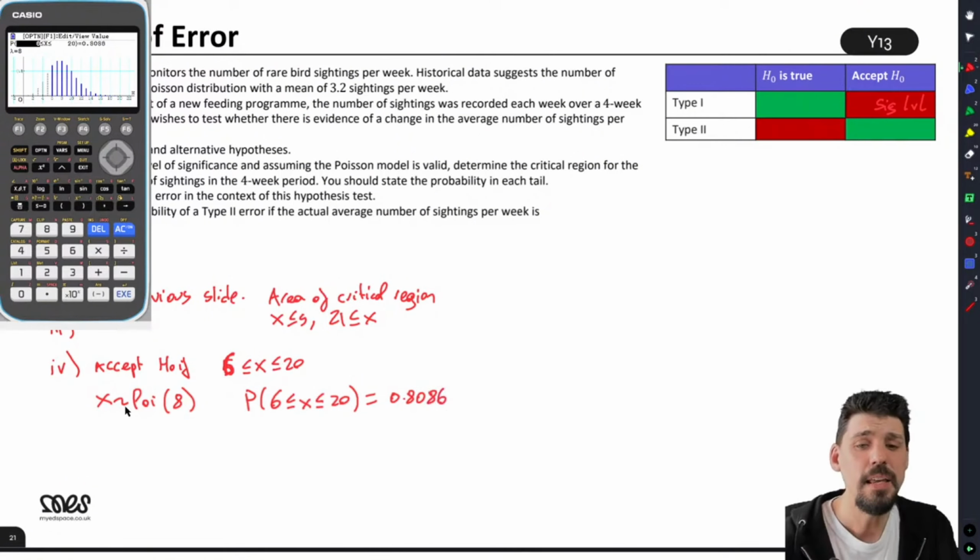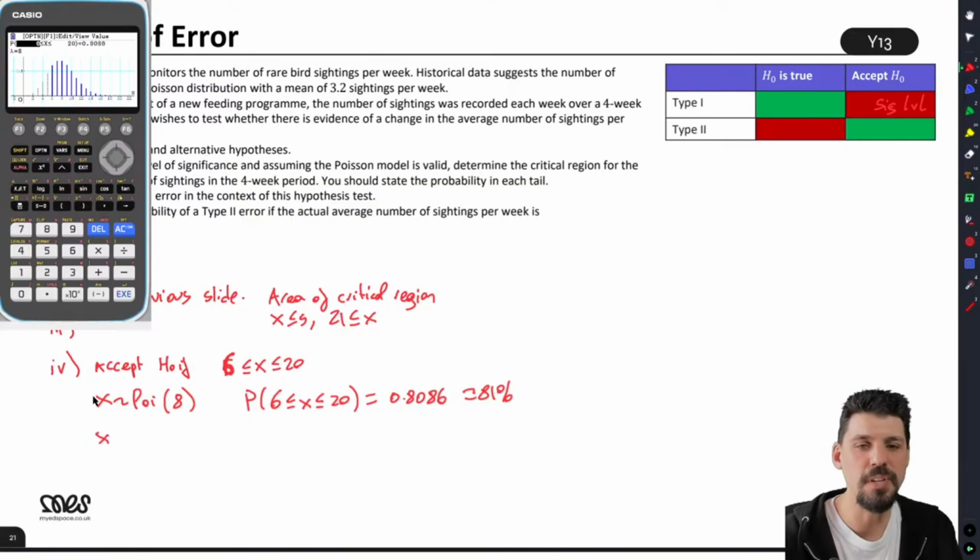So in fact, if the actual average number of sightings was 8, or per week was 2, so for 4 weeks was 8, there is an 81% chance, right? There is an 81% chance of me accidentally accepting or accidentally not rejecting H0.